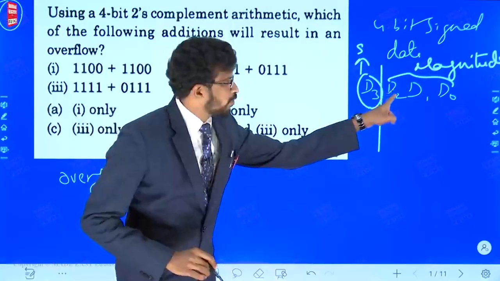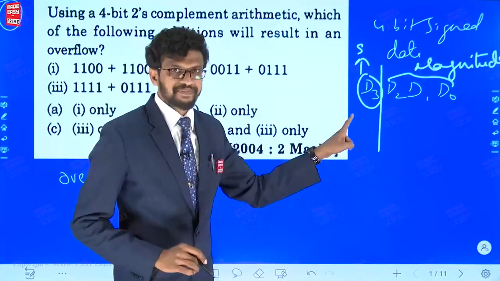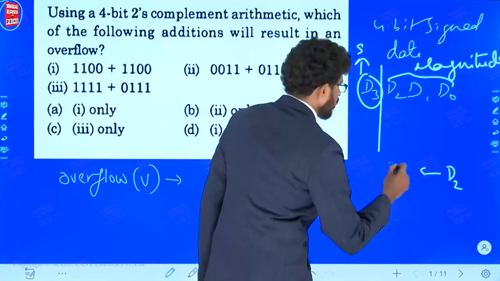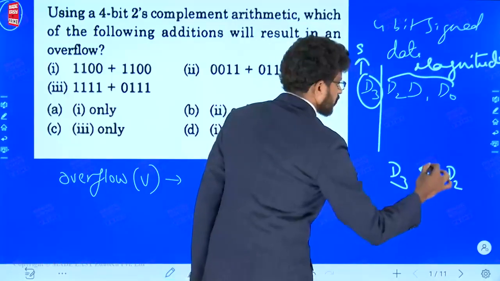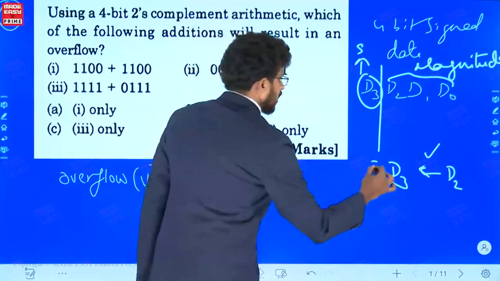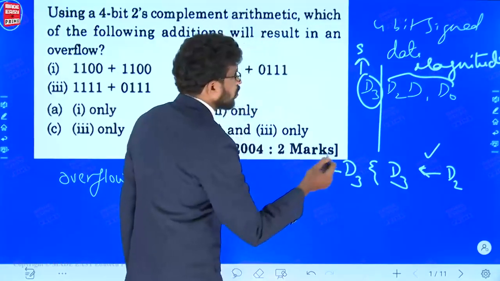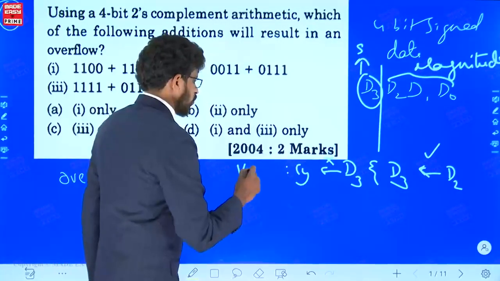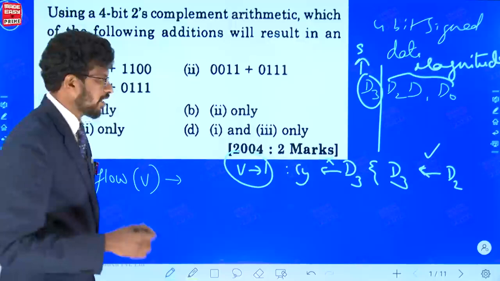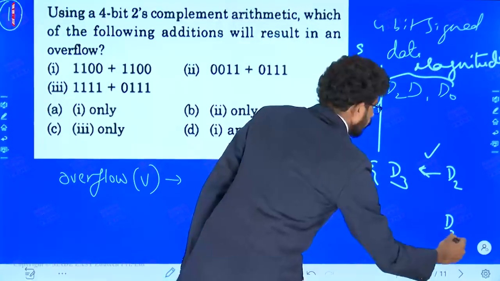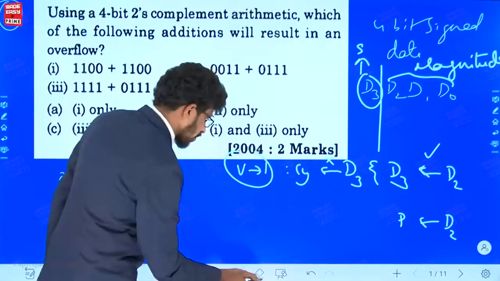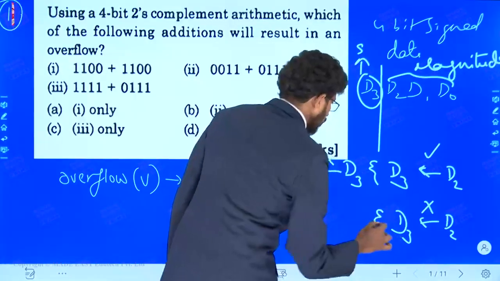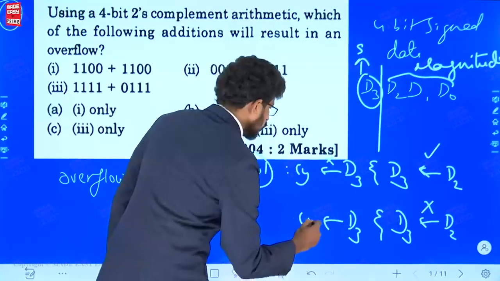Therefore, how do you consider overflow? Overflow means the magnitude should not override the sign bit. If it is overwriting, what are the conditions? From D2 to D3, if you have got some carry, and at the same time, from D3 to carry there is no carry, then we say that overflow is 1. That is the first condition. Or you can also say that from D2 to D3 there is no carry, but there is a carry from D3 to carry out.